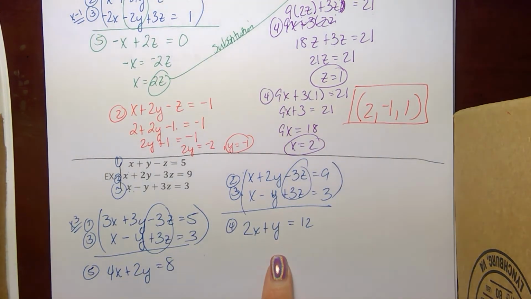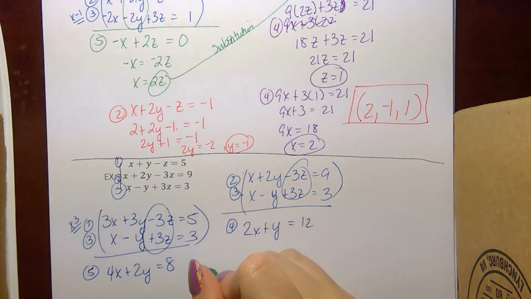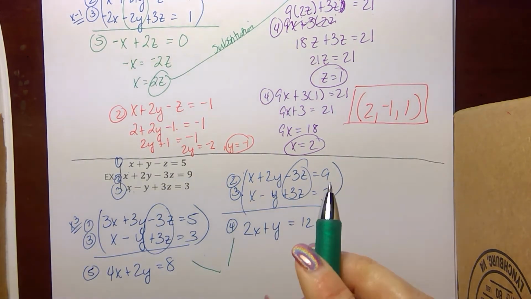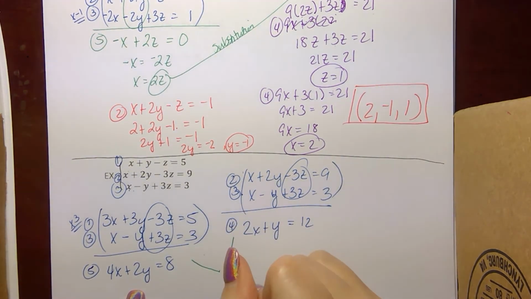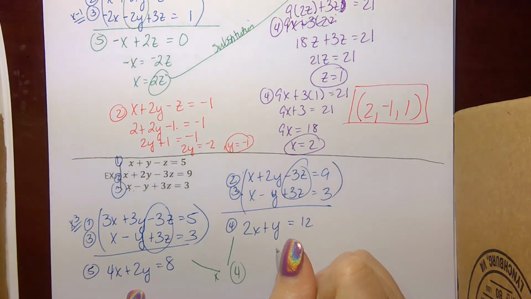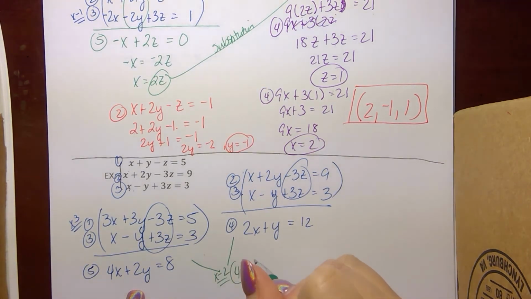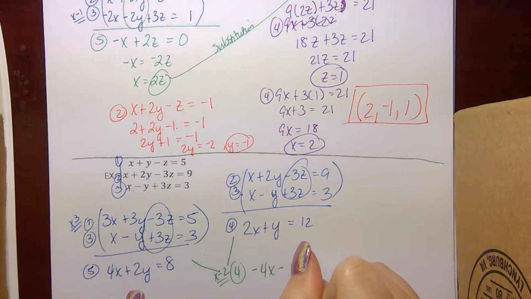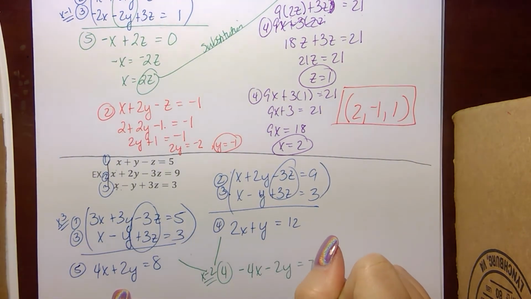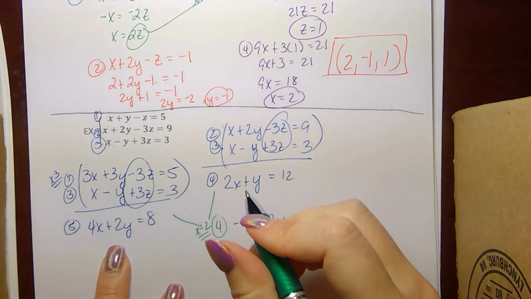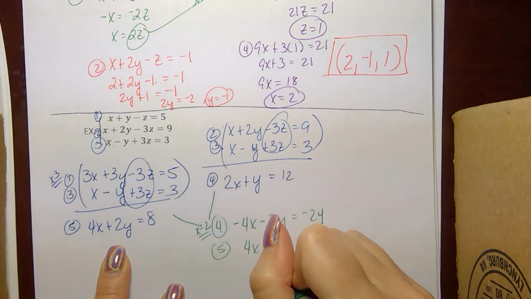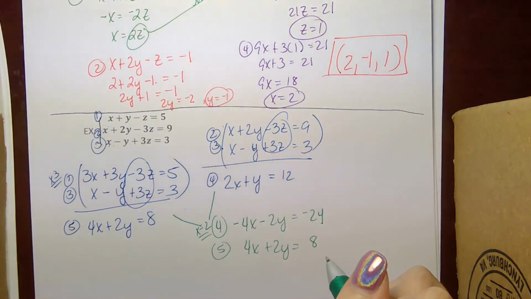So I have these two equations, equations 4 and 5, that I need to add together in such a way that one of my variables adds to 0. Let's make our y's add to 0. So if I take equation 4 times a -2, that gives me -4x minus 2y equals -24. And I'm not going to change equation 5. Equation 5 just stays 4x plus 2y equals, ooh.